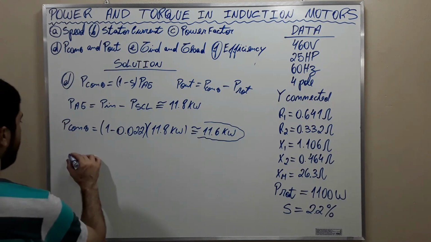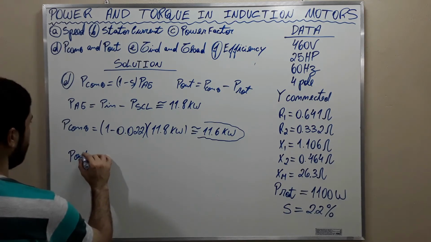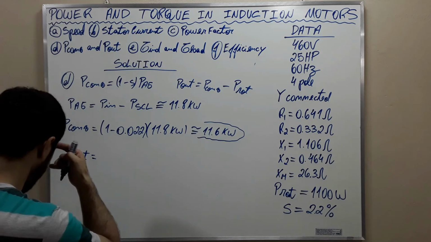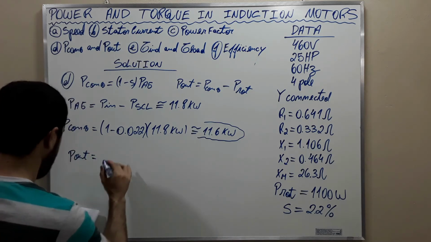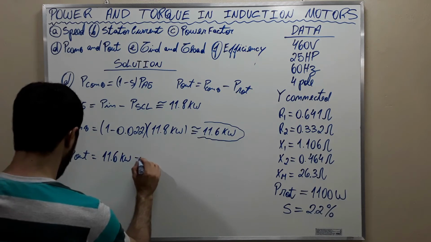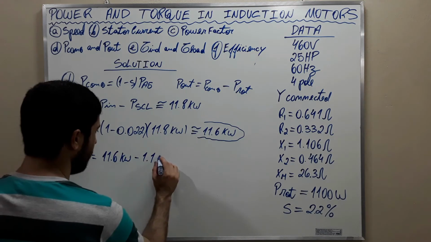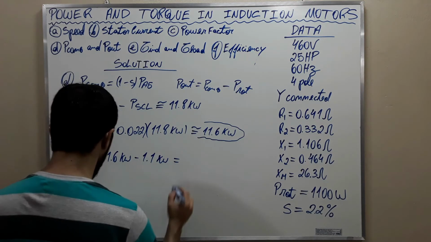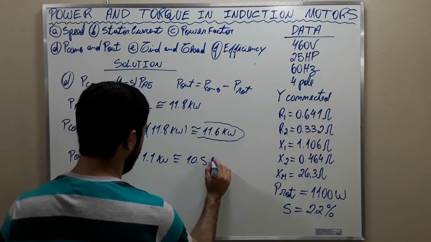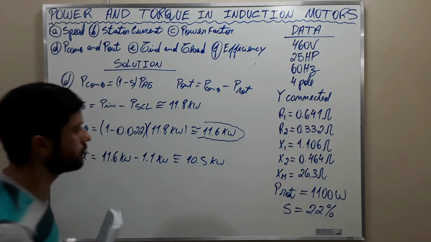The output power is then equal to 11.6 kilowatts minus 1.1 kilowatts, which is approximately equal to 10.5 kilowatts.